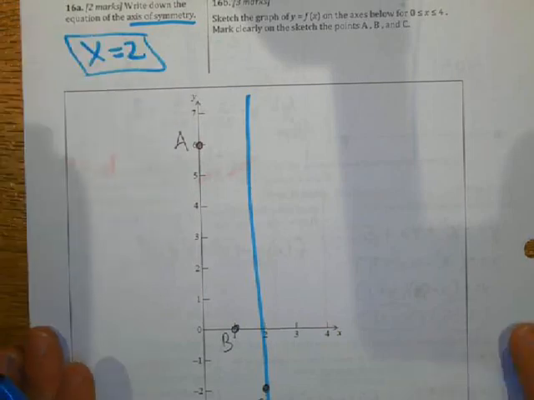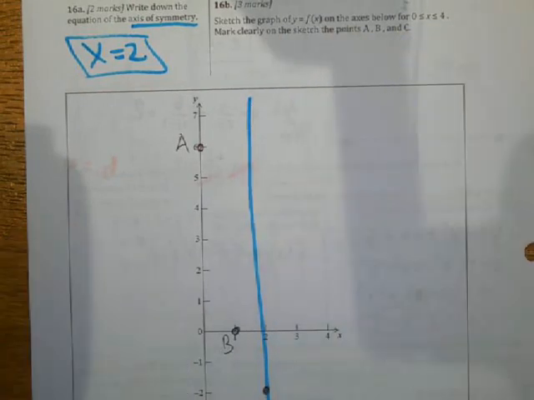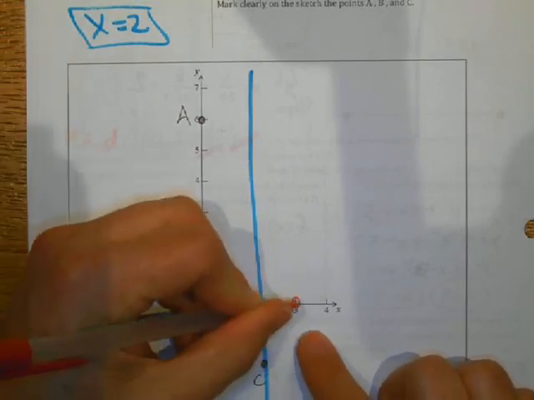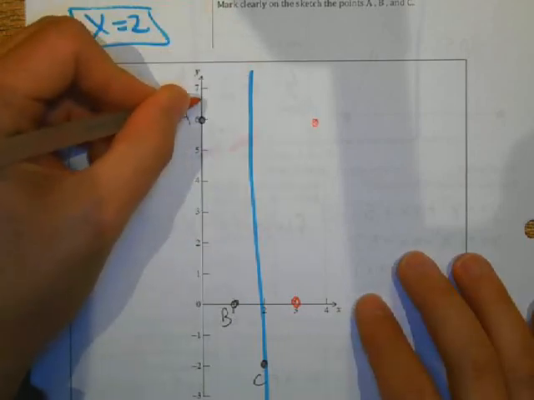Okay, sketch the graph from 0 to 4. Well, we know it's going to be symmetrical on the axis of symmetry, so we're going to have a point right here, and a point right there, and so my graph is going to look like this.